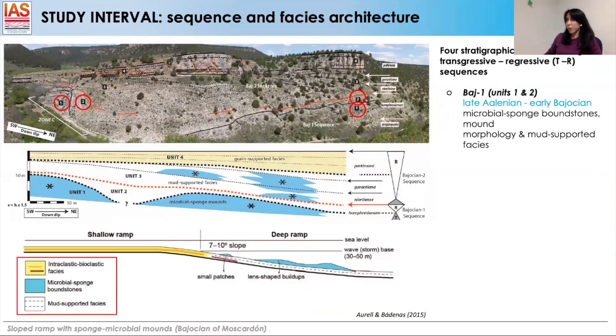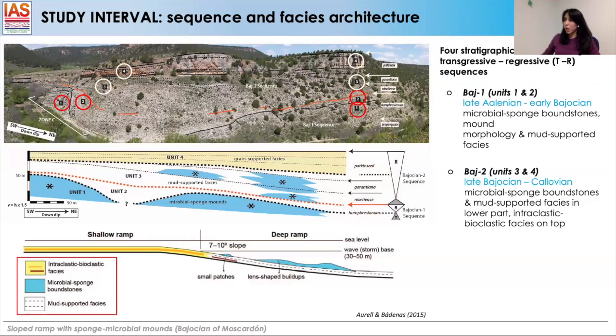We have the Bajocian 1 sequence, made up of units 1 to 2, and then the Bajocian 2 sequence, made up of units 3 to 4. These 2 sequences are characterized by the dominance of microbial sponge boundstone and mud-supported facies in the lower part, and in the upper part, at the top in unit 4, the intraclastic bioclastic facies.